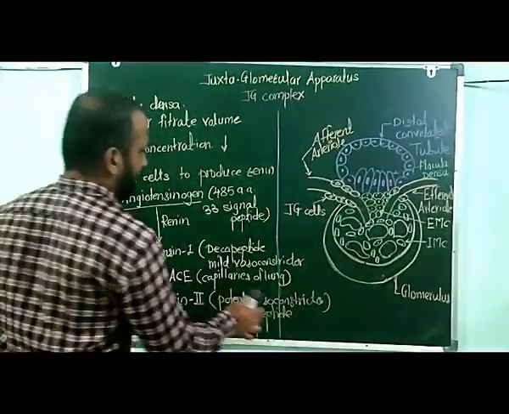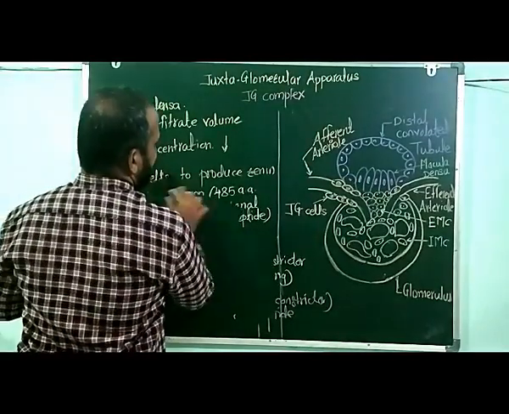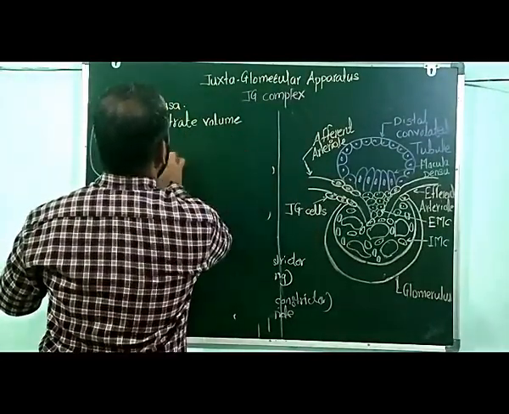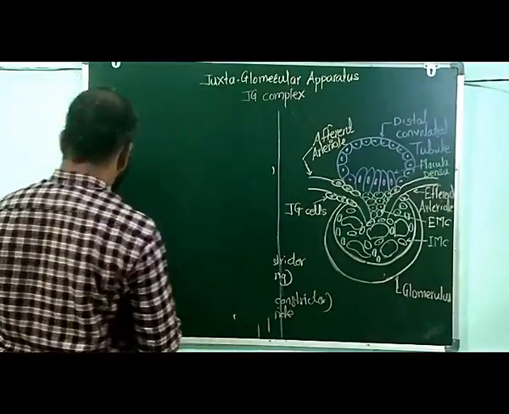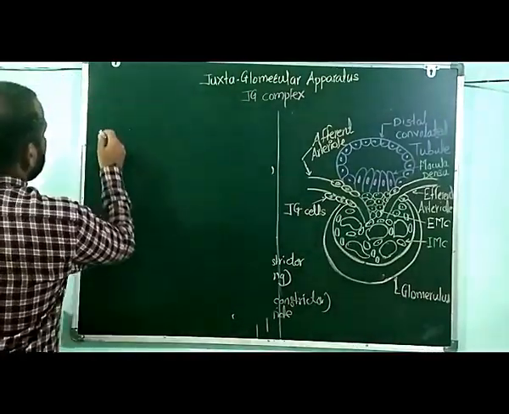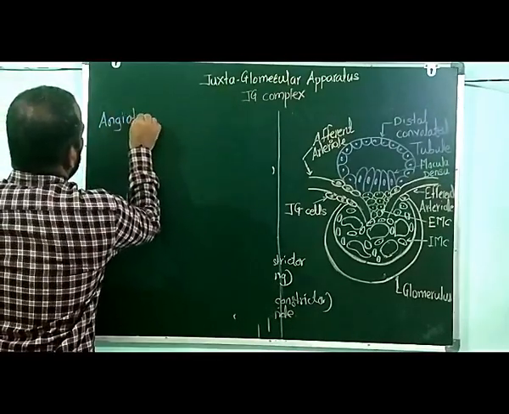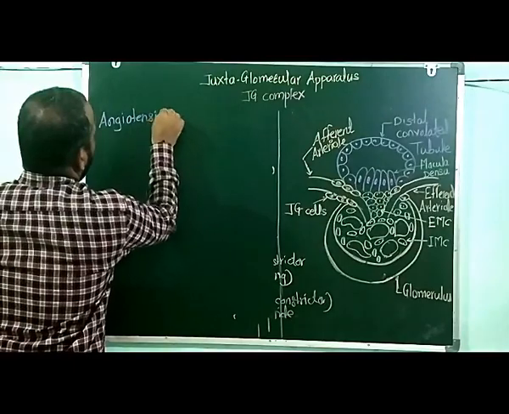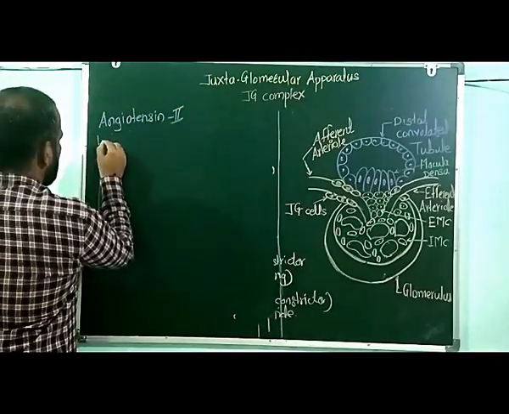Next point. Now, once angiotensin II, which is a potent vasoconstrictor, is released, it performs the following functions. This angiotensin II performs 4 important functions.